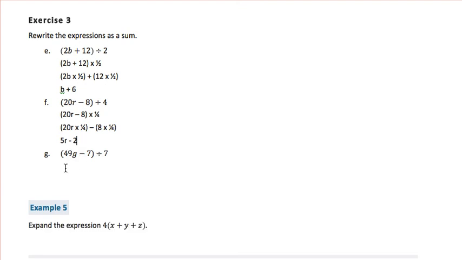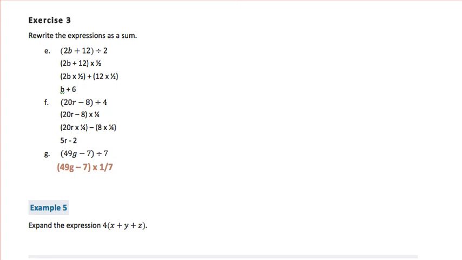And finally, 49g minus 7 divided by 7. So let's rewrite it first. 49g minus 7 times 1/7, the reciprocal.